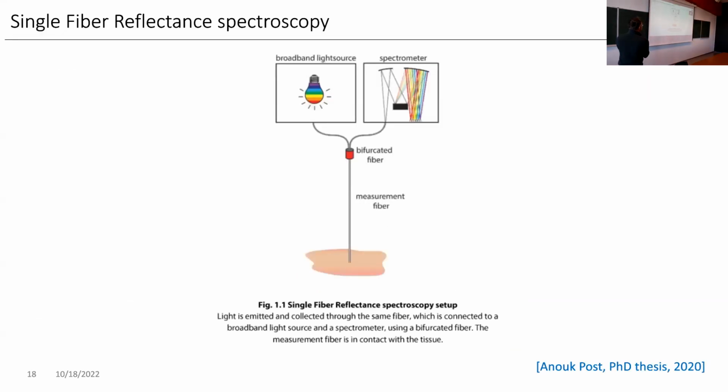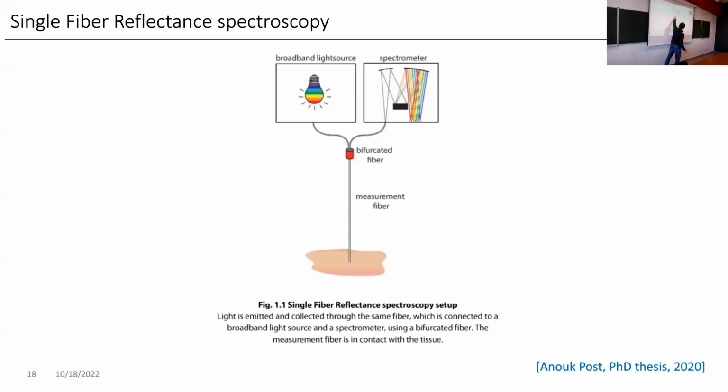This is the instrument. Like I said, it's pretty simple in its layers. The light source is going to be a laser or a halogen lamp, at least a light source that emits photons. They're coupled into a fiber, which is connected to a bifurcated fiber. It simply means that you have fibers just touching each other.